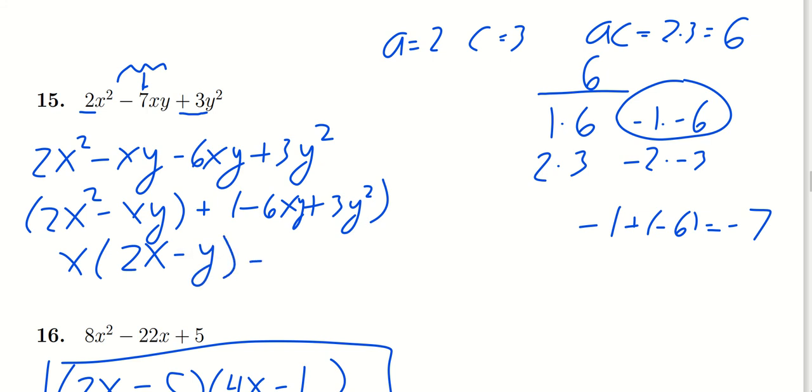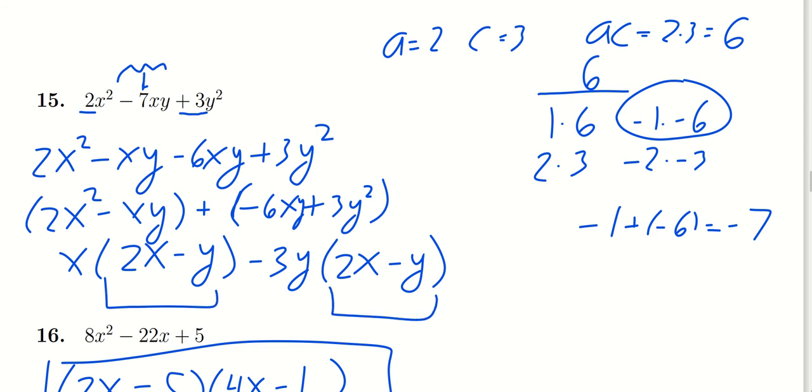Out of the second grouping, you can factor out a negative 3y. That should give you a positive 2x minus y. And now both groupings share a common factor of 2x minus y. So you can factor that out.